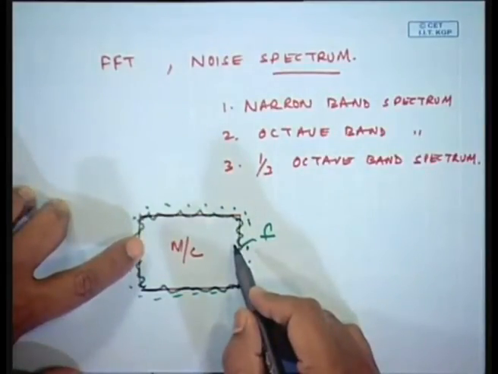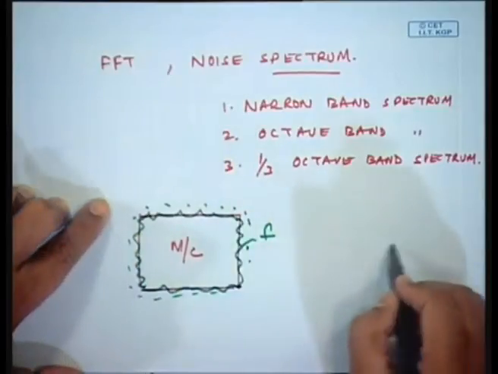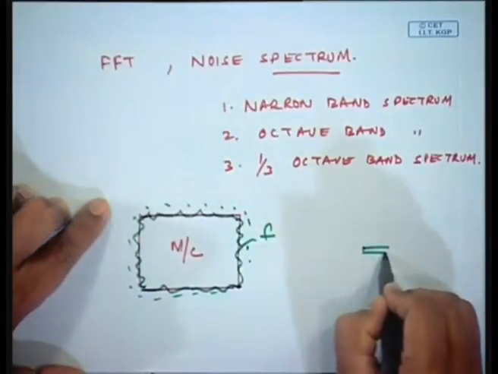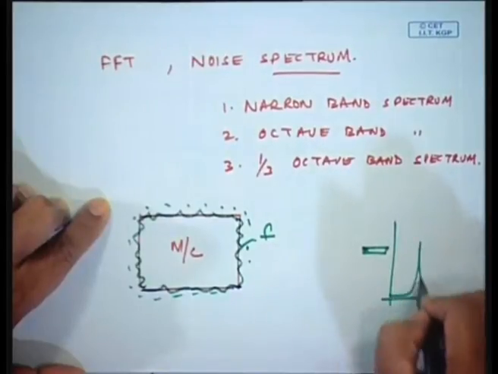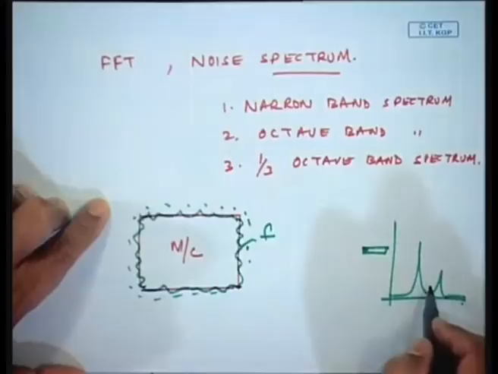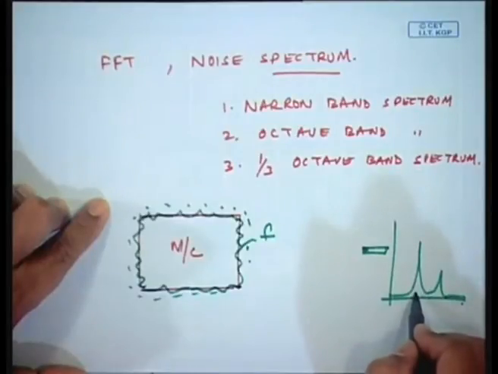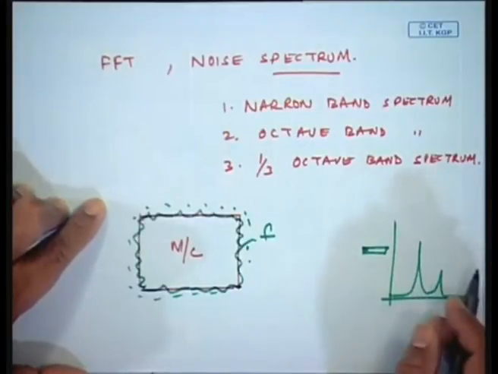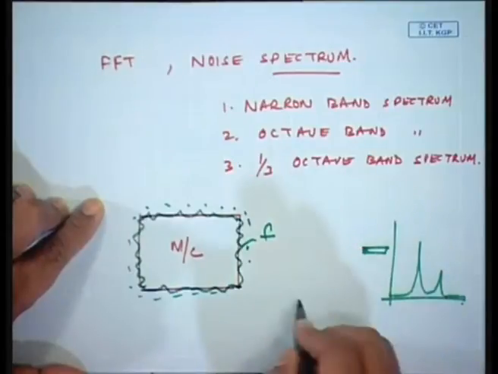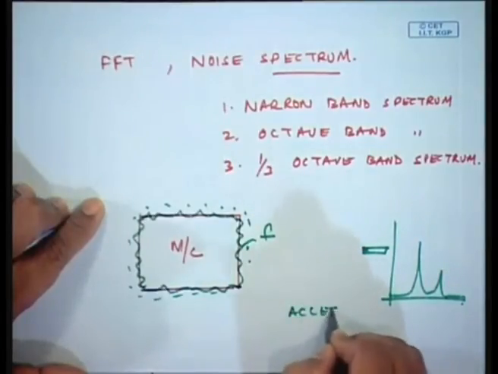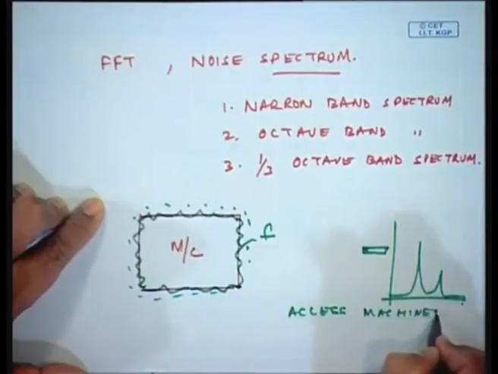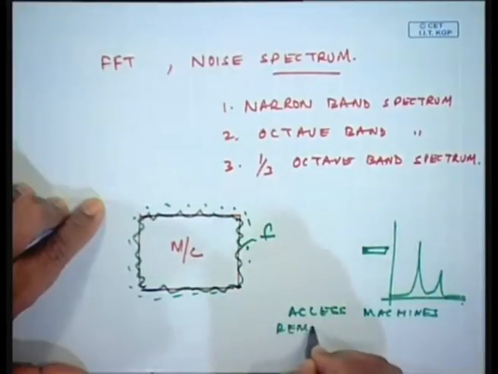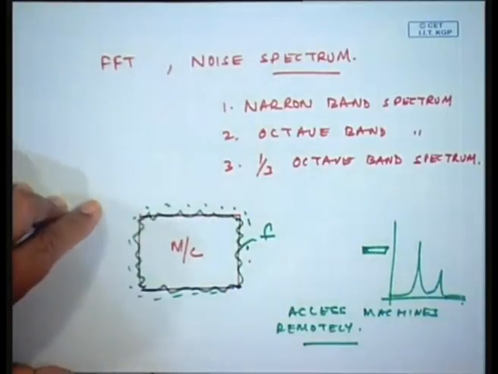The machine may not be accessible. But at a remote location I could just put a microphone and do the narrow band spectrum, and then maybe I will find out the running speeds of these machines. So, noise monitoring also helps us to access machines remotely. Okay.